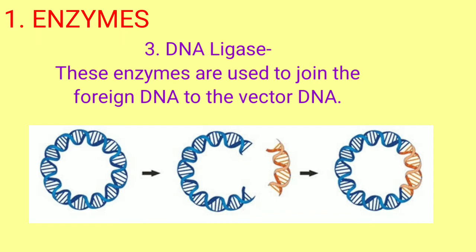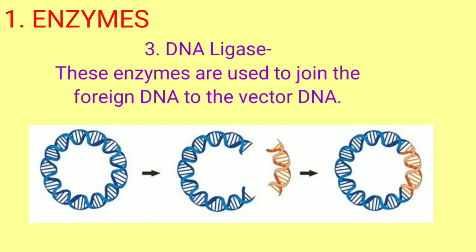In both the DNAs, the cutting was done by the restriction endonuclease enzyme. These two DNA molecules need to be joined, and the joining is done by the DNA ligase. Therefore, we call DNA ligase the molecular glue.